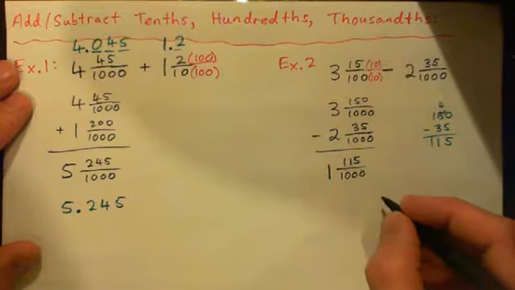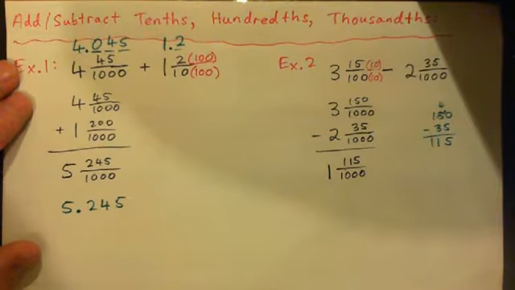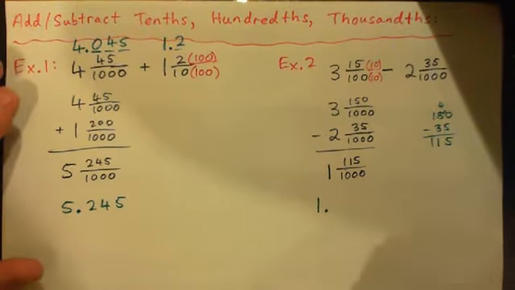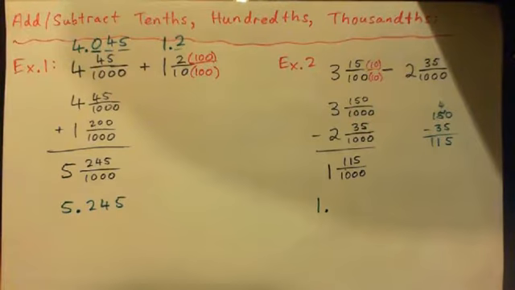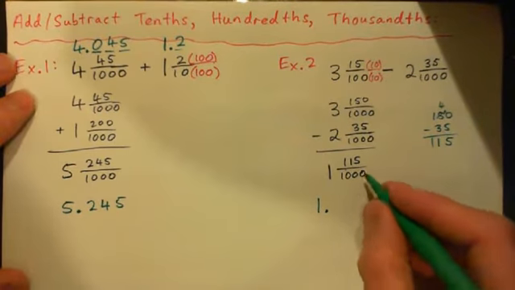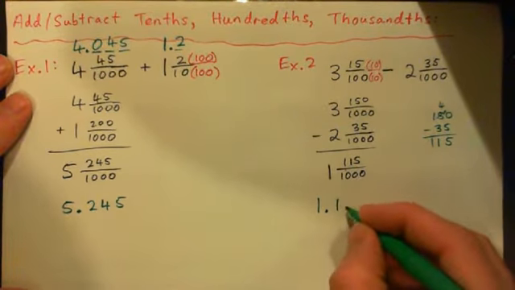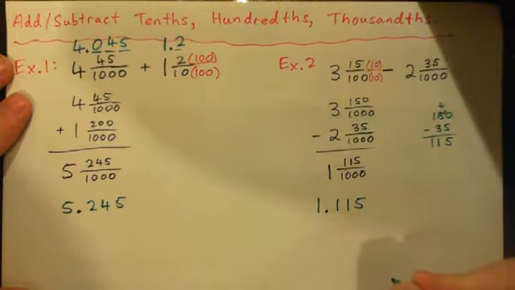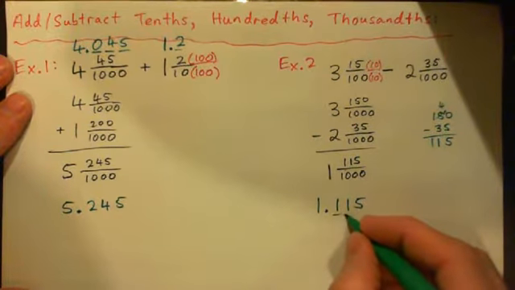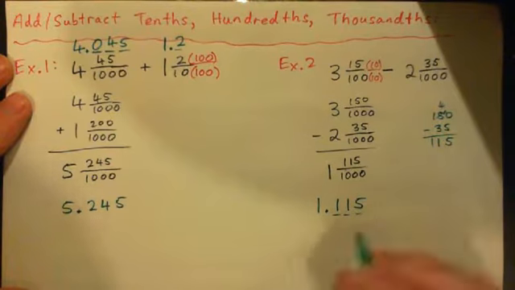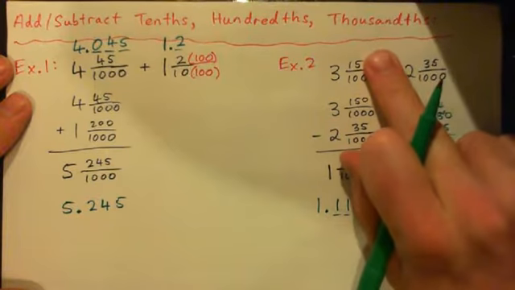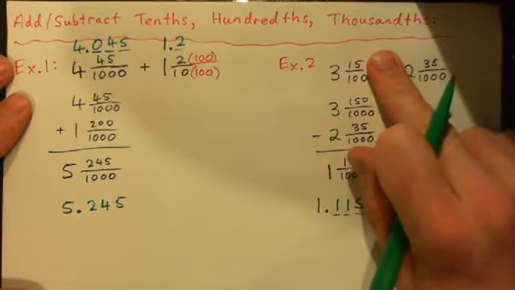So 1 and 115 thousandths. Write this as a decimal. Now 1 point 115 thousandths, so it'll be just 115, won't it? Tenths, hundredths, thousandths, right? Now what is 3 and 15 hundredths as a decimal?